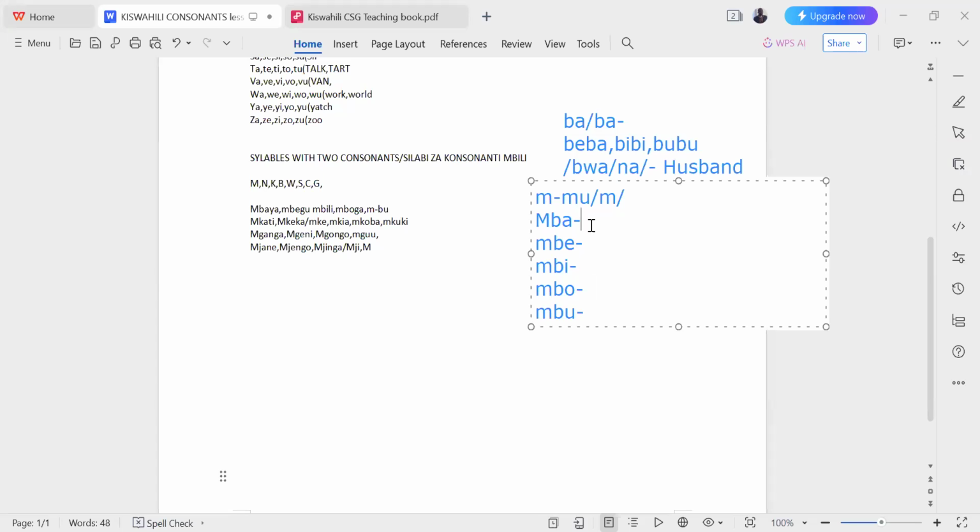For example, here is how they are used in words. With mba at the start of a word, you get the word mbaya. So we have mba and you have ya.